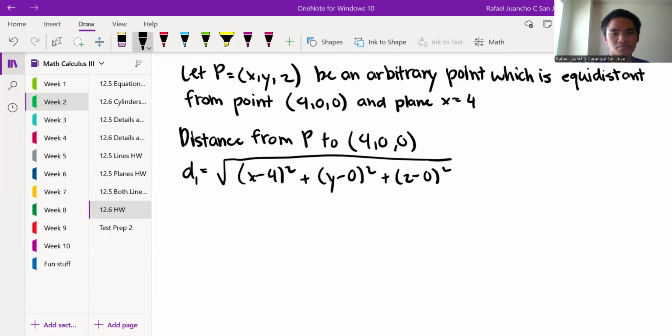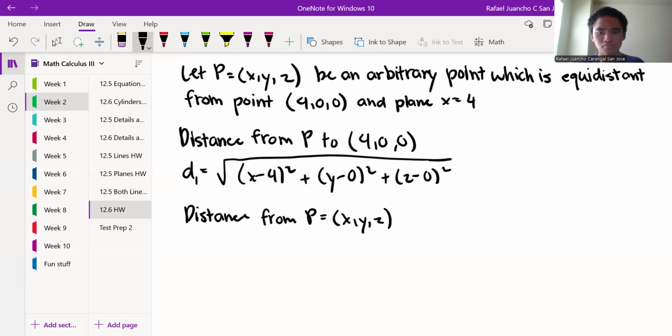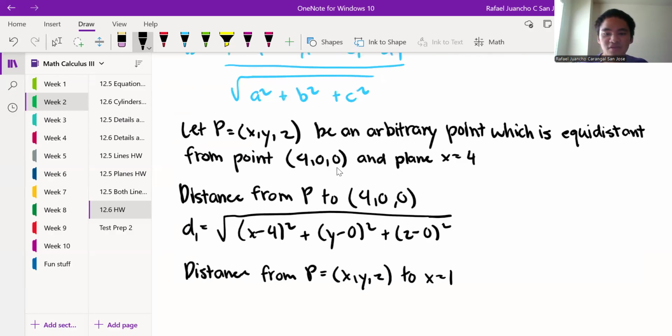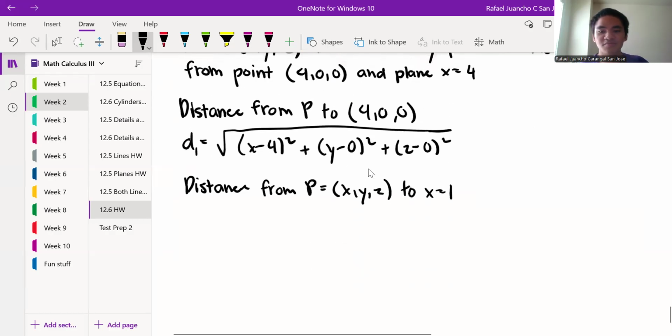So we're trying to find the distance from an arbitrary point to our given point, and the distance from that to our plane.